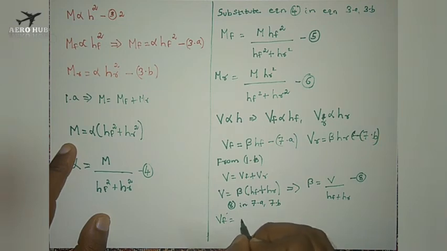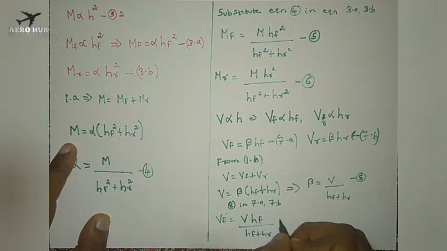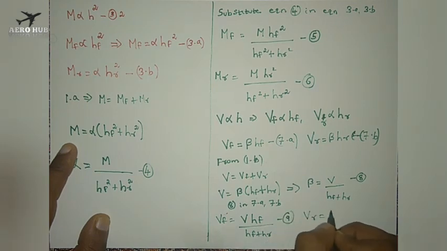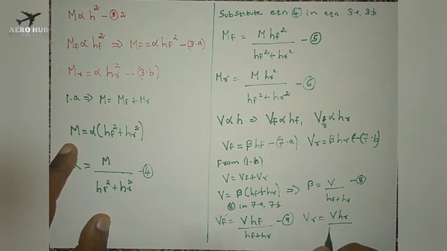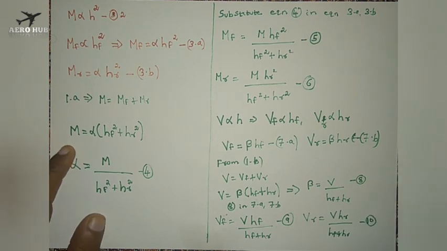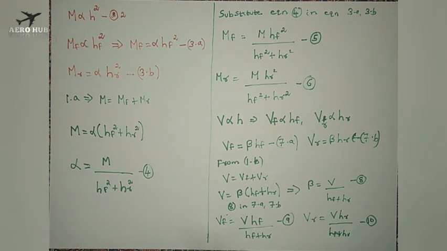So VF is equal to V into HF divided by HF plus HR, equation number 9, and VR is equal to V into HR divided by HF plus HR. This is the method to find the shear force as well as the bending moment for the front spar and the rear spar.